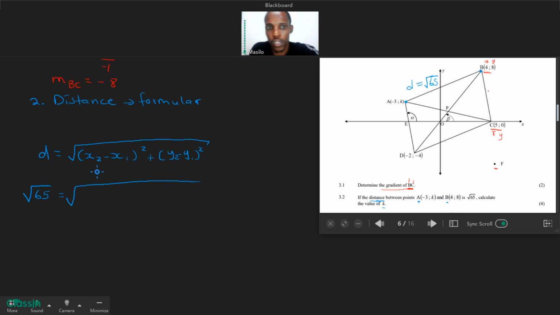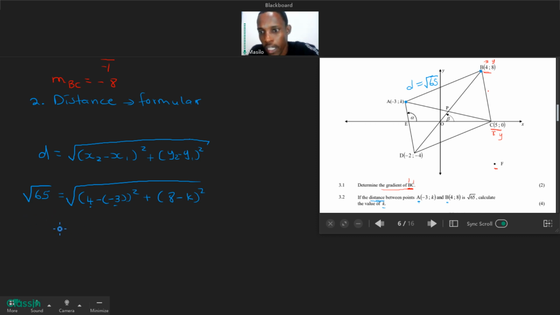Now when we substitute, we are going to choose which value represents X and which represents Y. So if my X is 4 minus minus 3, all squared. This is for B, this is for A. Plus, then we have 8 minus K all squared.